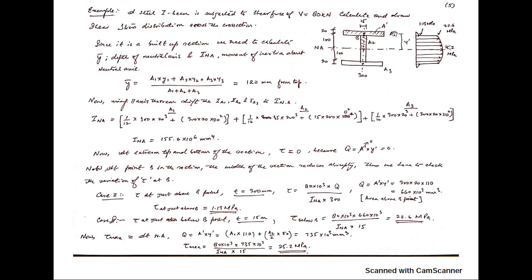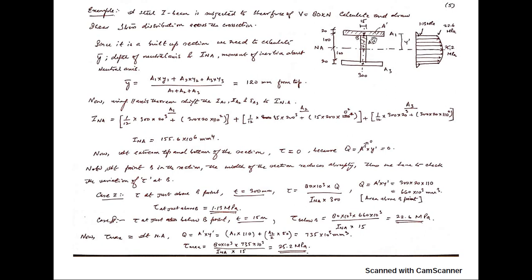When you are calculating shear stress at the top, you want to calculate Q at the top. At the top, what is happening, there is no area above this. If you are calculating shear stress at this extreme fiber, the extreme top of this cross section, there is no area above it, so the shear stress will be 0. Okay, so area will be 0, shear stress will be 0.